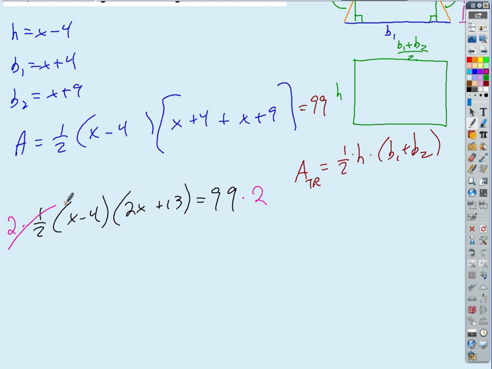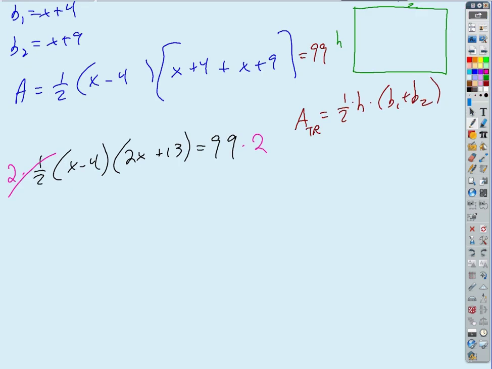Okay. And now if I FOIL this out, I'm just going to end up with a quadratic equation that I can put into standard form, right? 198. Right, so on this side, well, I guess we can do a little bit more. So on this side, double 99 is 198. What am I going to get over here if I distribute?